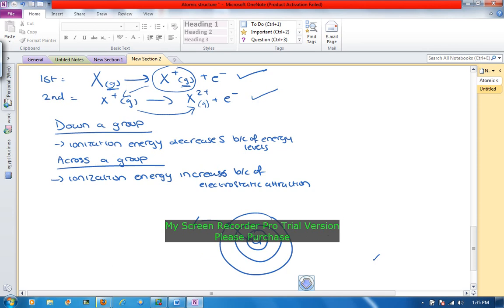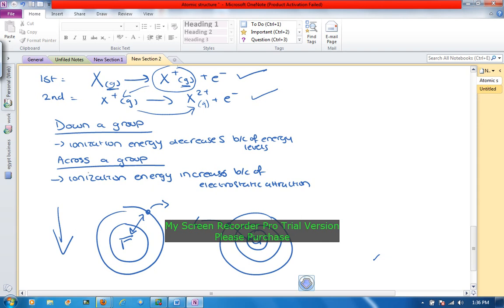However, fluorine, which only has 2 shells, its valence electron is closer to the nucleus, and so there's greater electrostatic attraction and it's held closer together, so it's harder to remove. So as you go down a group, ionization energy decreases.